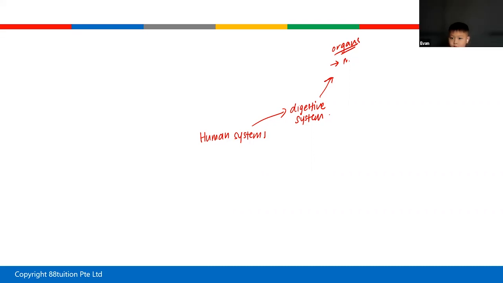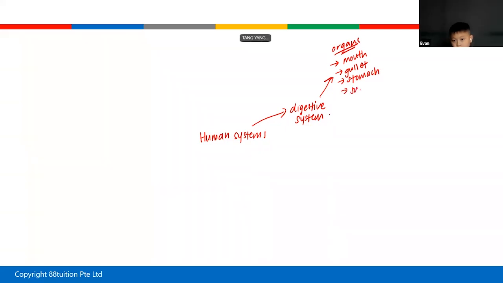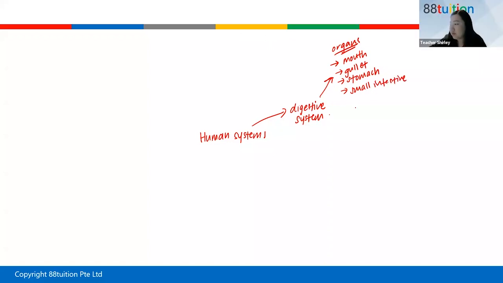Mouth, gullet, stomach, small intestine, and large intestine. Very good. Large intestine also. Well done, Evan.